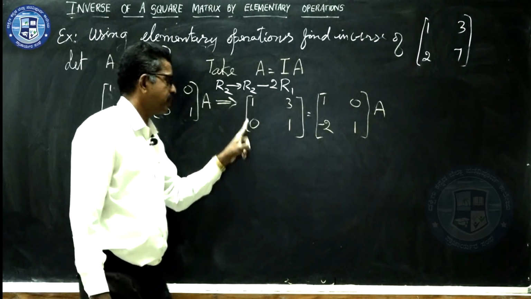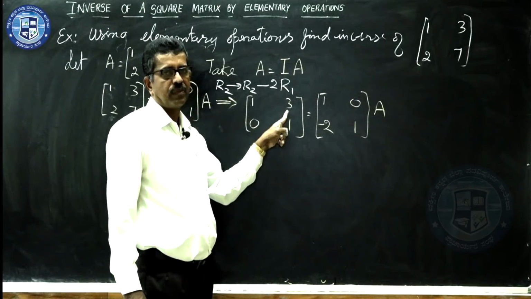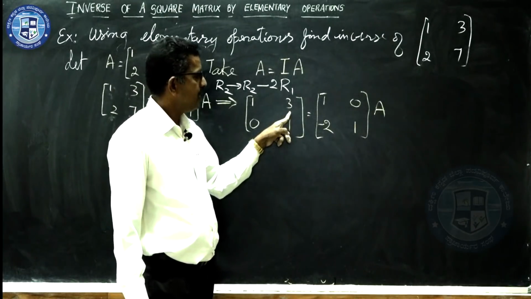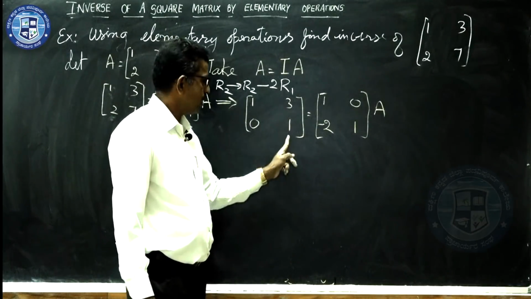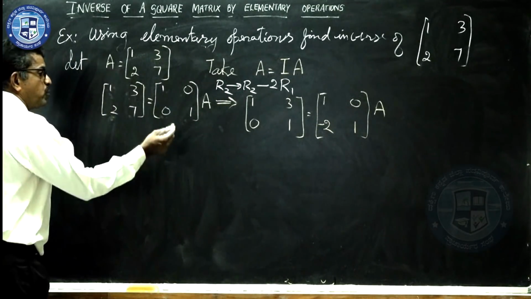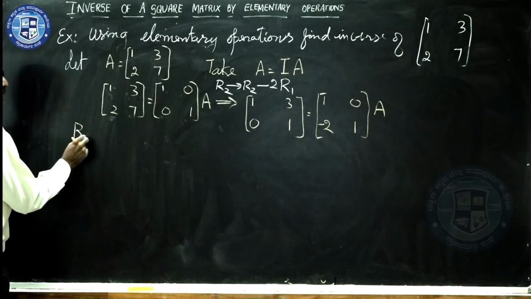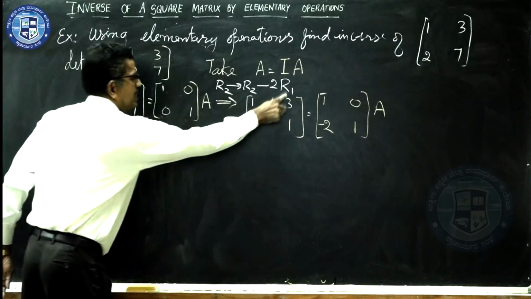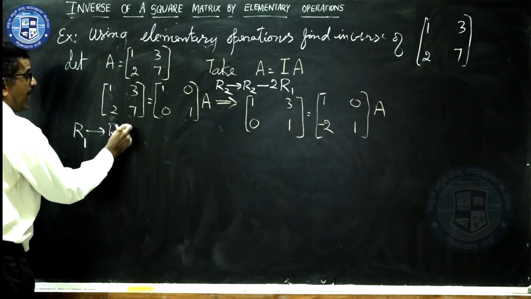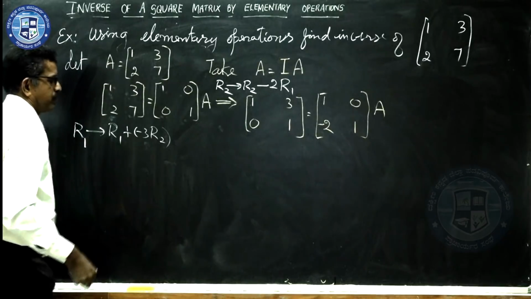Now, we have this very, very close to identity except this element. What is this element? It is 3. How can this element be made 0 using the second row? Can you please help me out? This has to be made 0, which means for the first row, I add it with minus 3 times the second row.